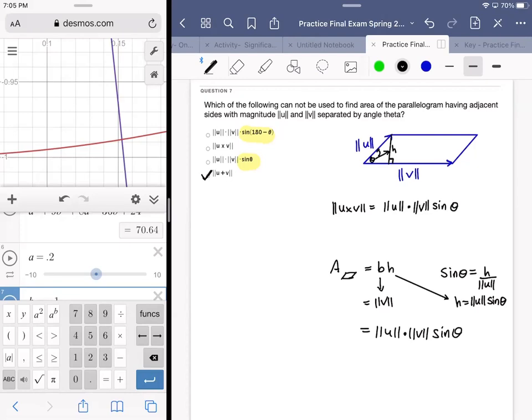And since we know that the magnitude of the cross product of u and v is equivalent to that, then all three of these things would be equivalent to one another, which would make this one the oddball. So that would be a way to get at that answer without knowing that u plus v represents the resulting vector. Although that's one of the first things that you should know based off of vector operations, but sometimes it slips through the cracks. Right.